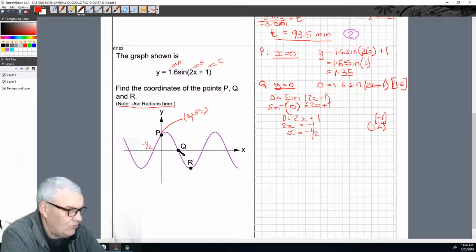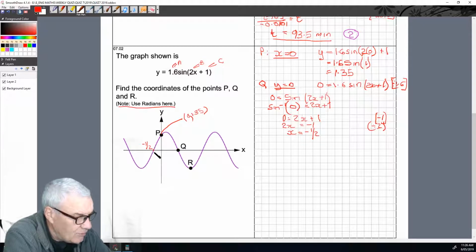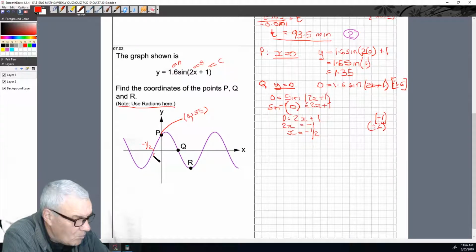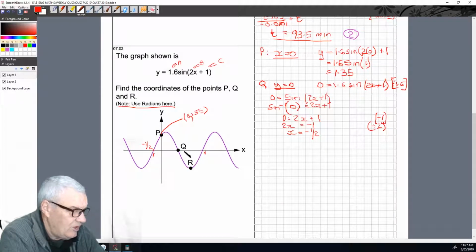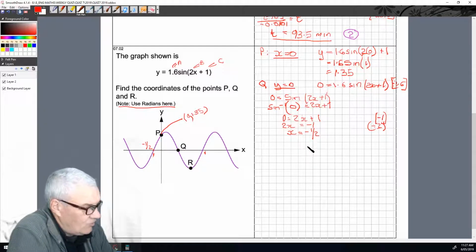But we want this solution here for Q. And as you can see, if we take the distance from there to there, that starts there, that's one period. So we need to add half a period there. What's the period?